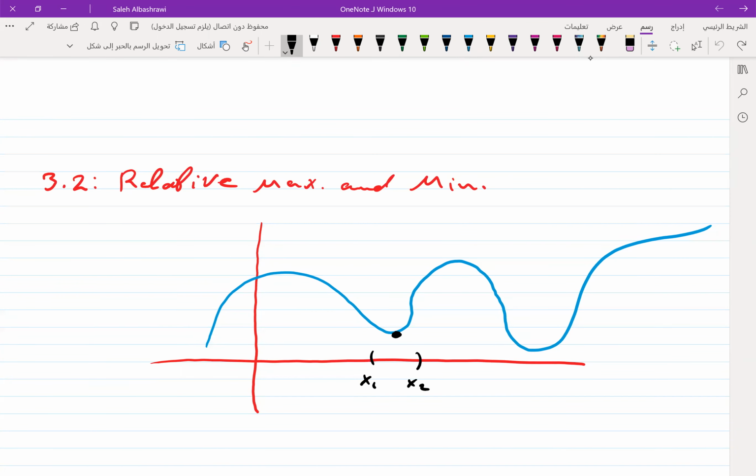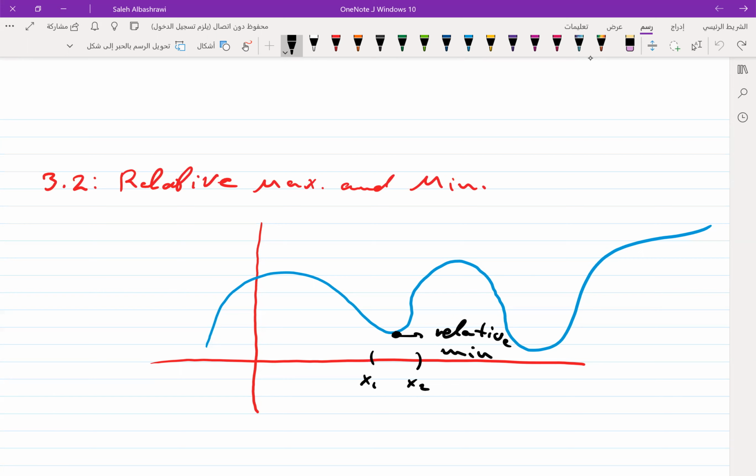So this one we call a relative minimum. Means it is the lowest just in a small area or in a small interval. It is not the lowest of the function in the domain. But we are just taking a small period and looking for the smallest value or the highest value.